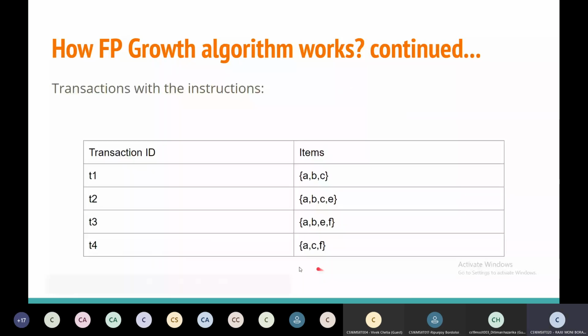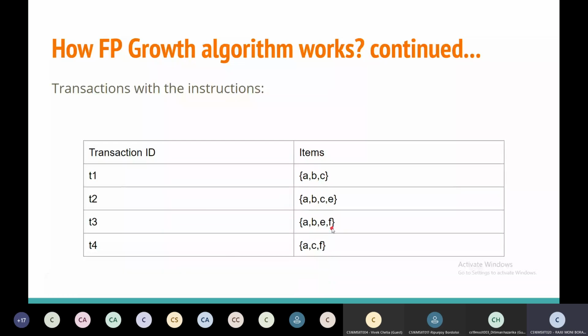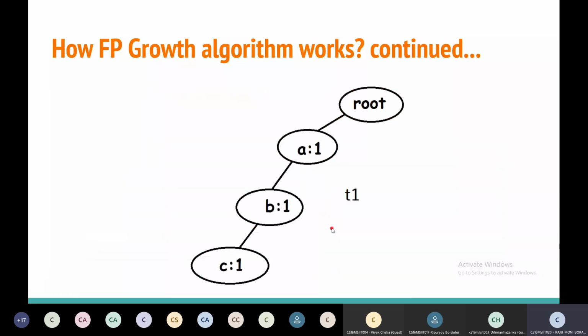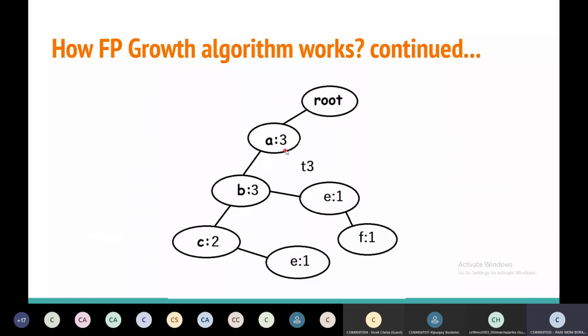Again, in the third transaction, A, B, E, and F occurred. So I need to put that again in our chart, like this. A has occurred 3 times.